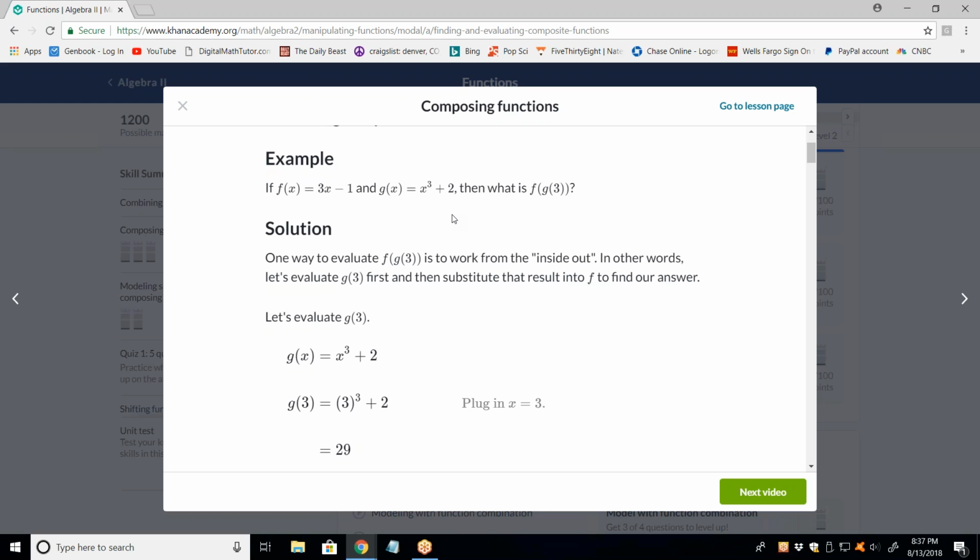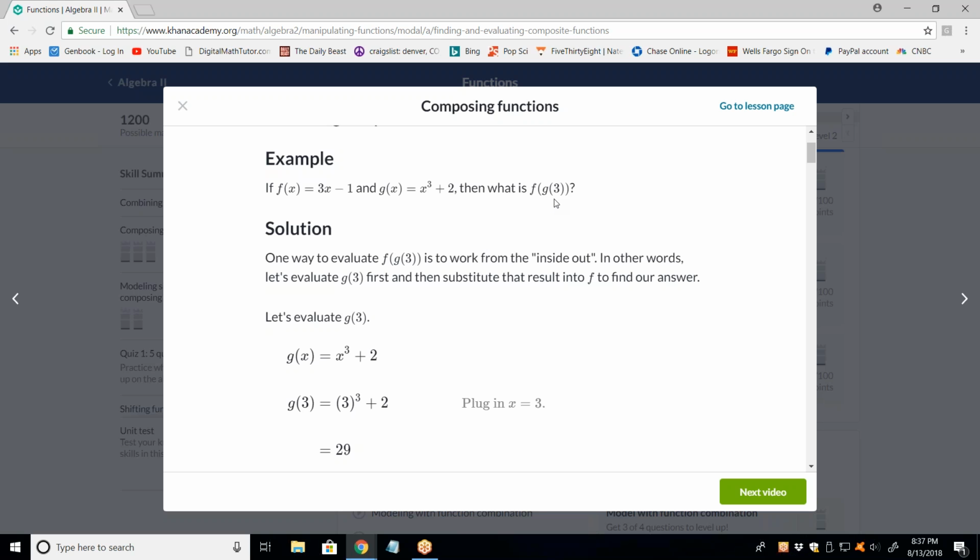This is a little different. We're not going to take the exact same approach that I just took because they've actually asked us about a specific x. So we always want to work from the inside out. So what is g of 3? So g of 3 is 3 cubed plus 2. Which is?